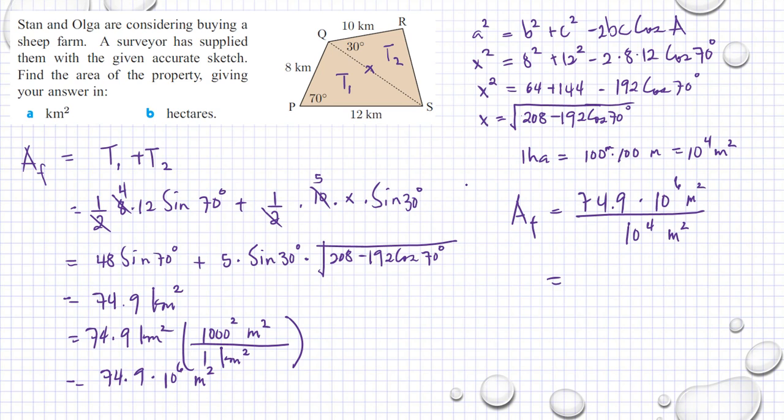That is 74.9 times 10 raised to 2, that's 100. Then we have 7,490 hectares.